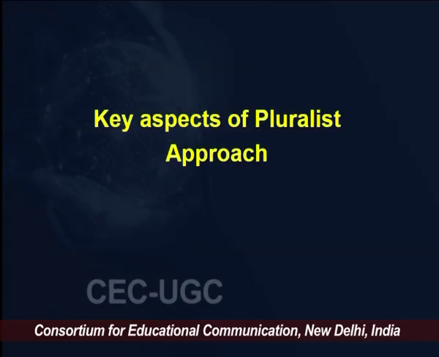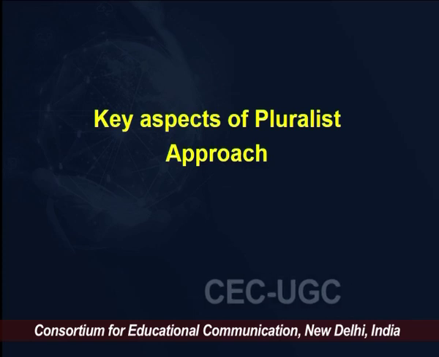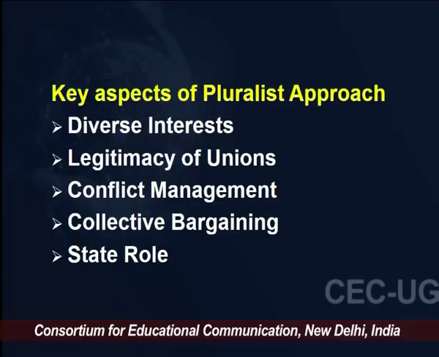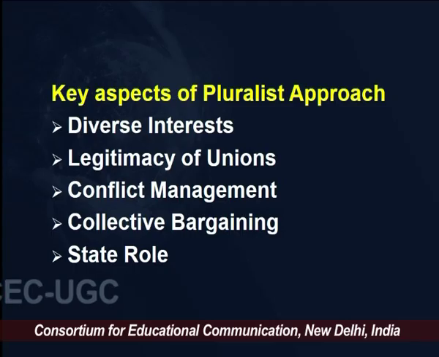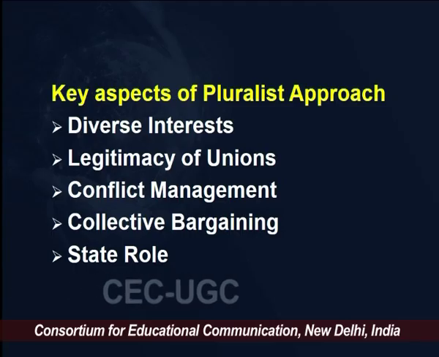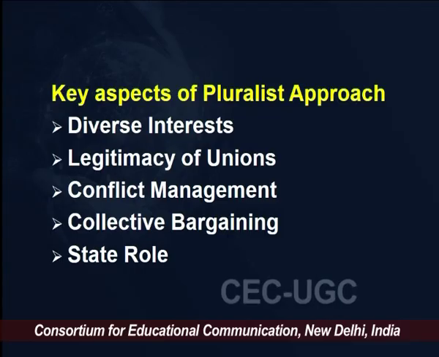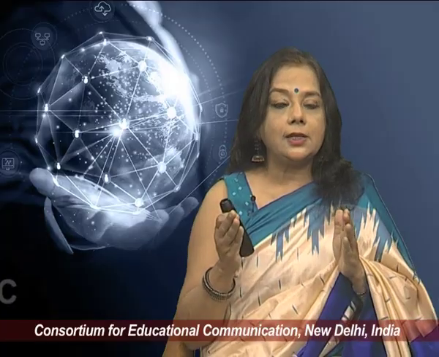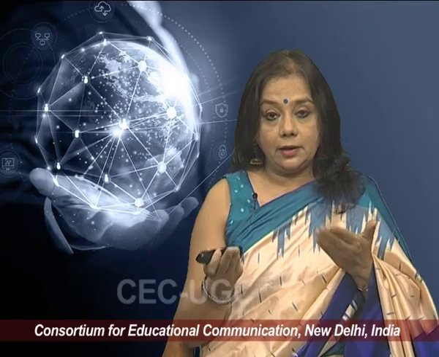Now, the key aspects of pluralist approach are diverse interests, legitimacy of unions, conflict management, collective bargaining and the state role. So, let us discuss them in detail. So, diverse interests, that pluralist approach believed that organizations should be seen as multi-structured, containing various groups with their own leadership, authority and loyalty, resulting in diverse interests.